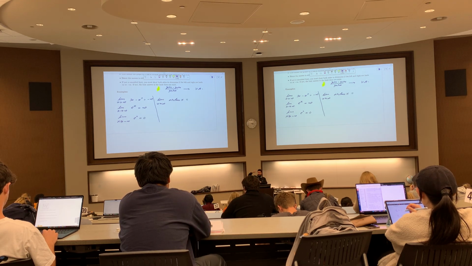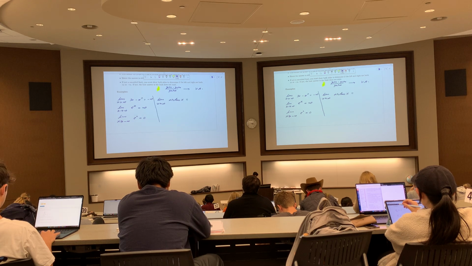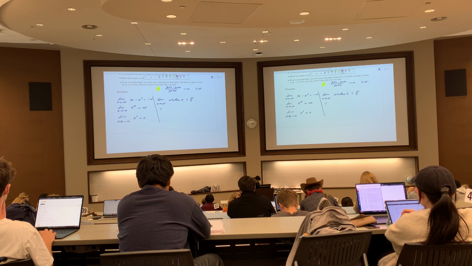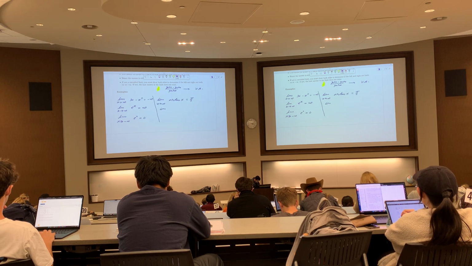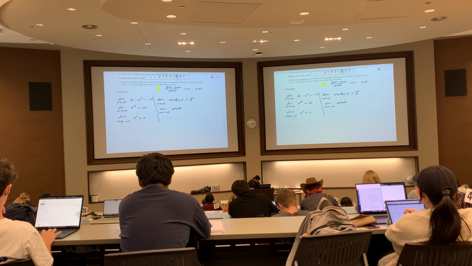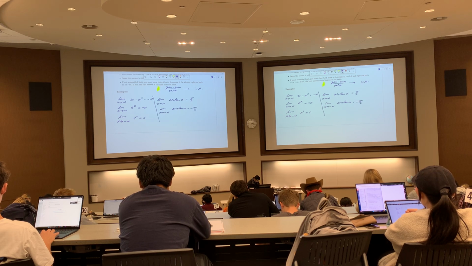So there's a height of pi over 2. If it goes to positive infinity, we get pi over 2. And if the same function goes to negative infinity, arctan of x, we get negative pi over 2.